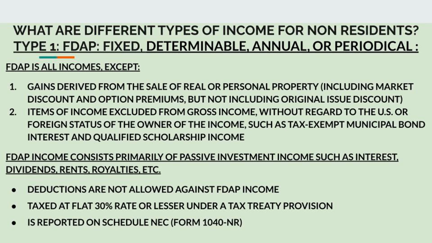So there's a flat tax rate of 30% applied to FDAP unless you happen to be from a country that has a tax treaty with the United States and offers you a lower tax rate on that FDAP income. FDAP income is reported on Schedule NEC of Form 1040-NR. That's where you report the income.